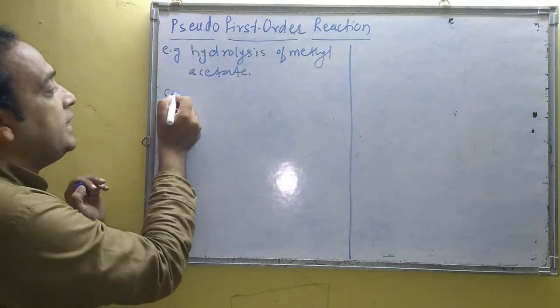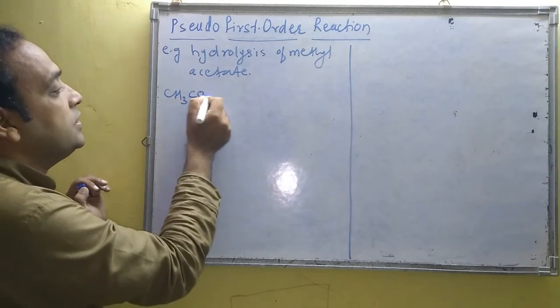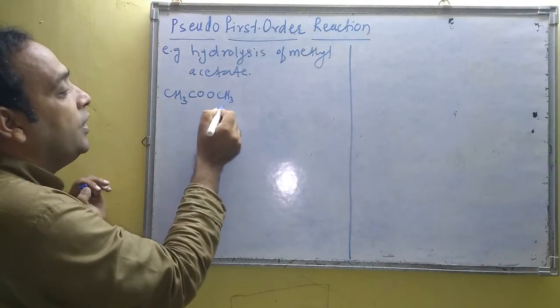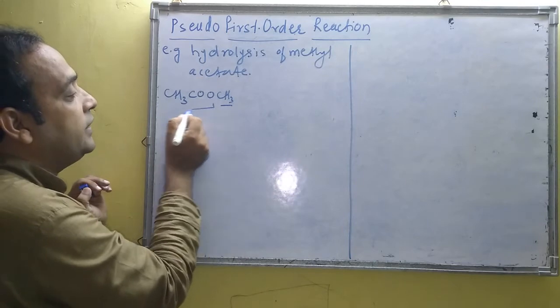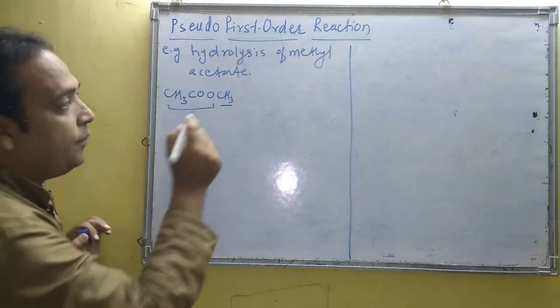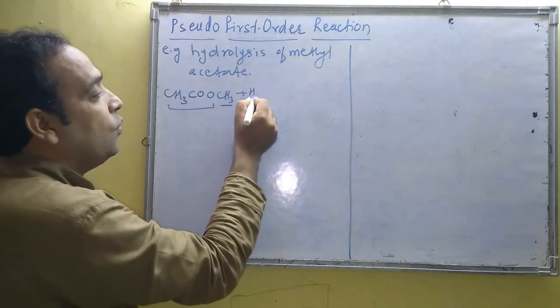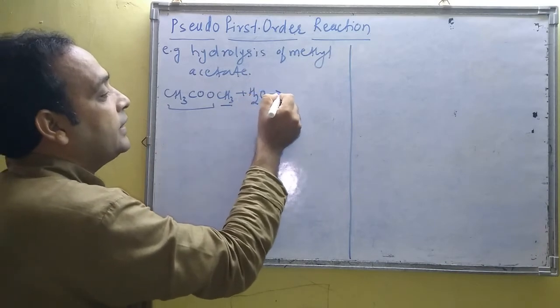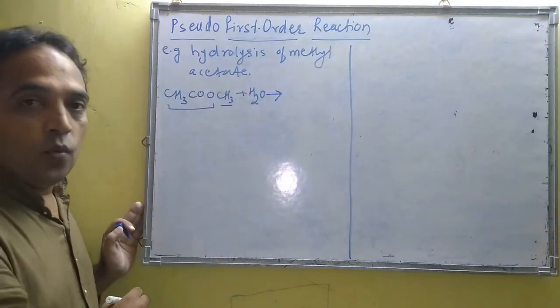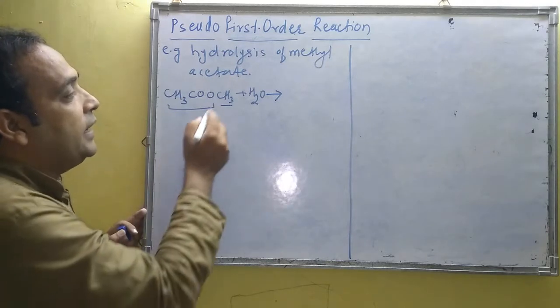Now methyl acetate is CH3COOCH3. This part is the methyl and this part is the acetate. Methyl acetate reacts with a water molecule when it undergoes hydrolysis.